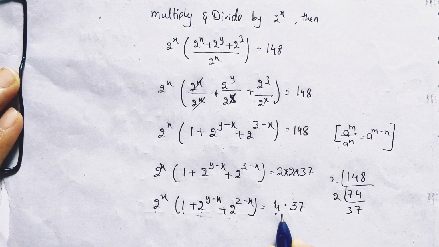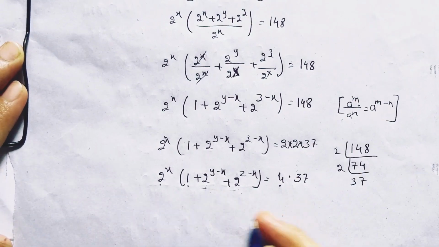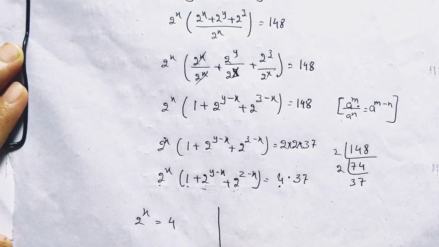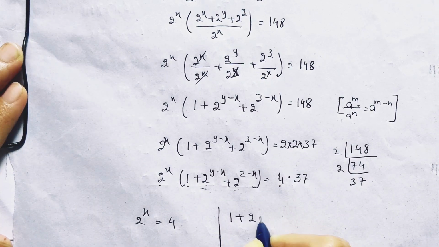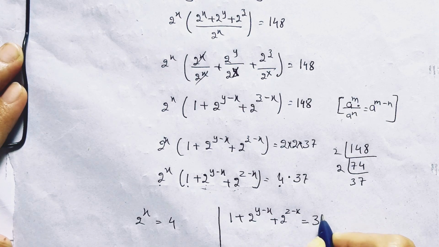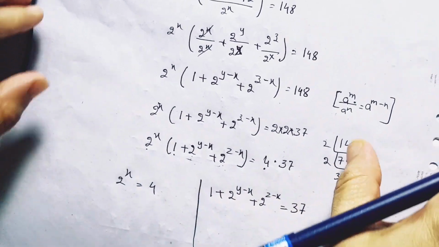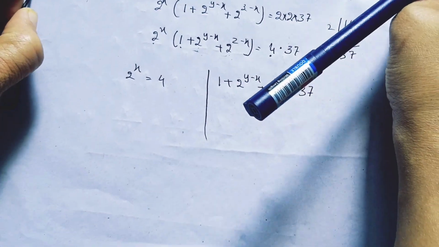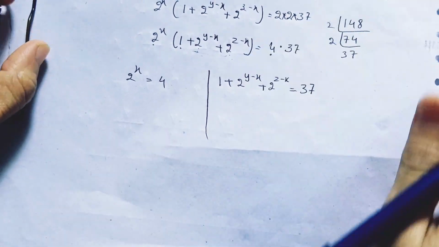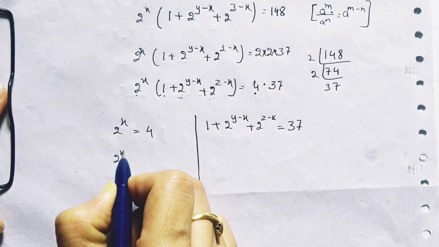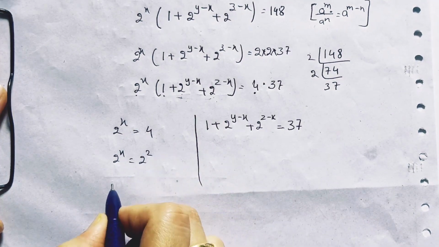So here we'll get two parts. 2^x equals 4, and 1 + 2^(y-x) + 2^(z-x) equals 37. Here 2^x equals 2^2.